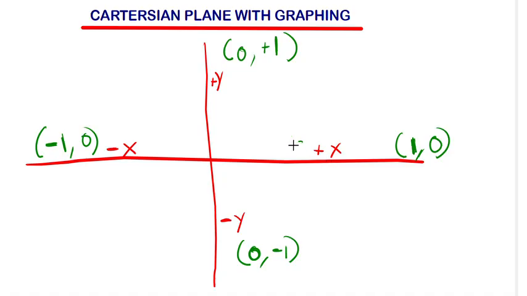You shall see that from here, this is what we call 0 degrees. Then here it is 90 degrees. Then this part here is 180 degrees. And this part here is 270 degrees. And this part here is 360 degrees. Okay.